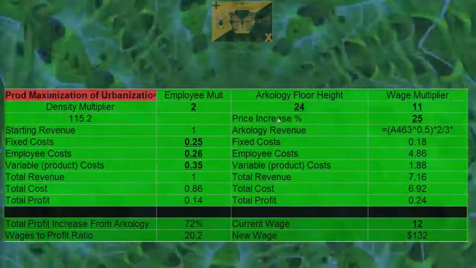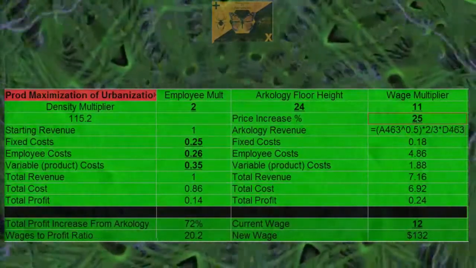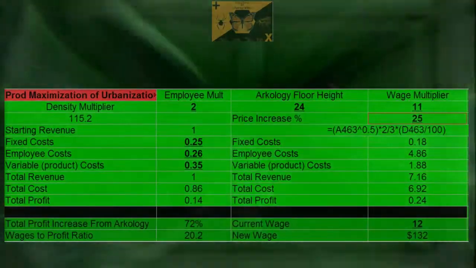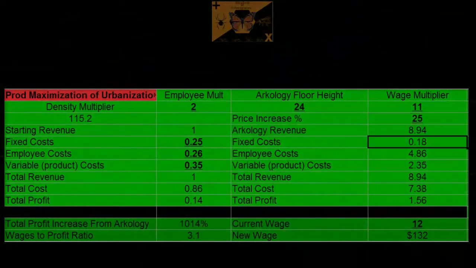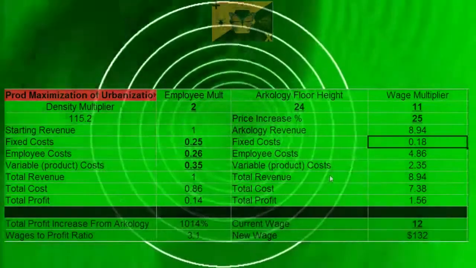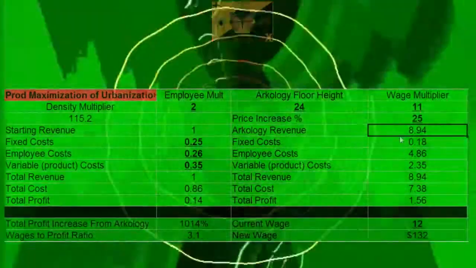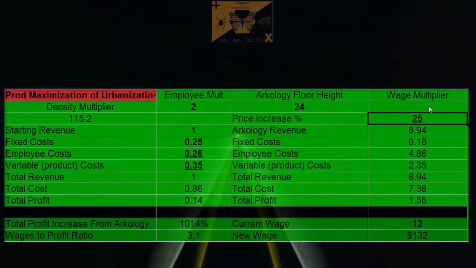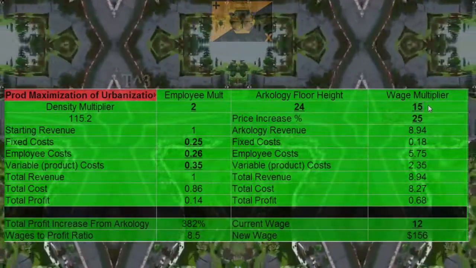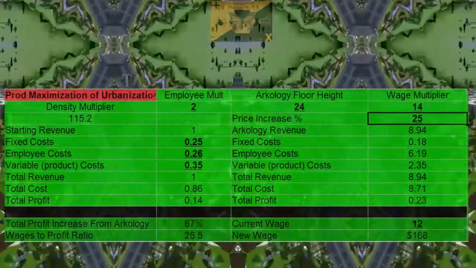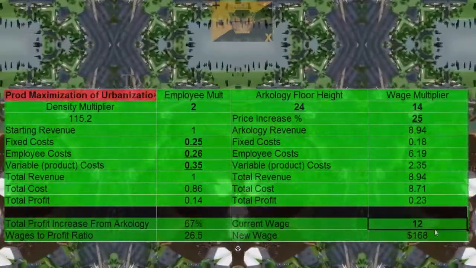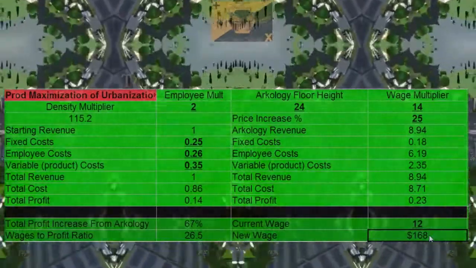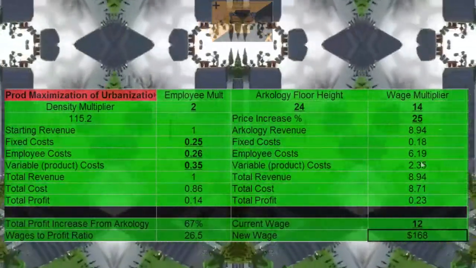And then we multiply by 1 plus. So there we go. Yeah, so now you're looking at ooh, 168. Ooh. Just from a 25% price increase.